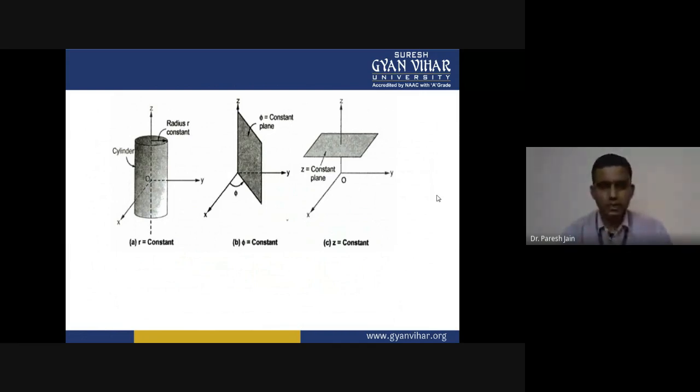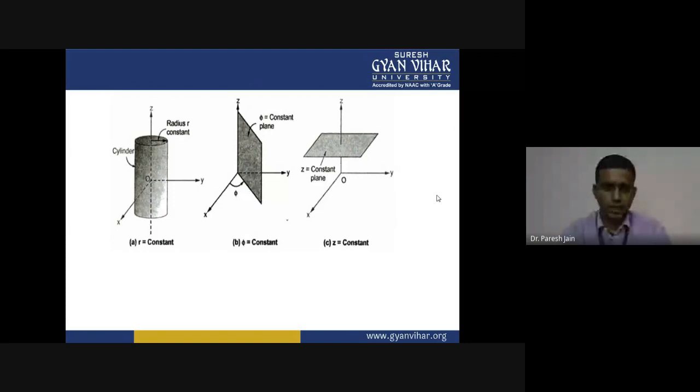Second, phi is constant with respect to a plane perpendicular to the xy plane, and it is the angle from the z equal to 0 plane.